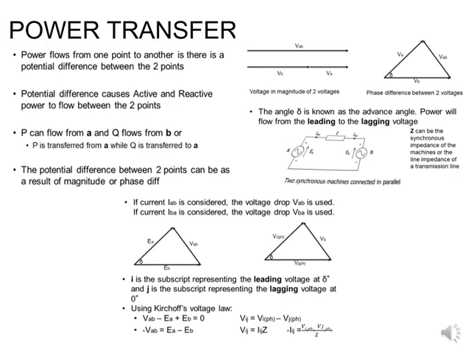I want you to note that although we had said your voltages are always given as a line to line voltage, here you need to make sure for your calculations that you transform that voltage from a line to line into a phase voltage. So that's why I've put in brackets the phase, so that you do not forget you must utilize your phase voltages when we go into all of these power transfer calculations.